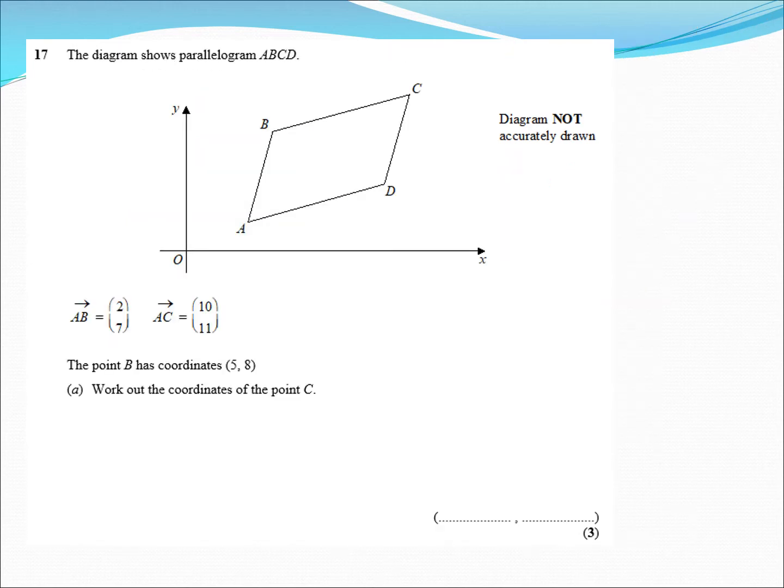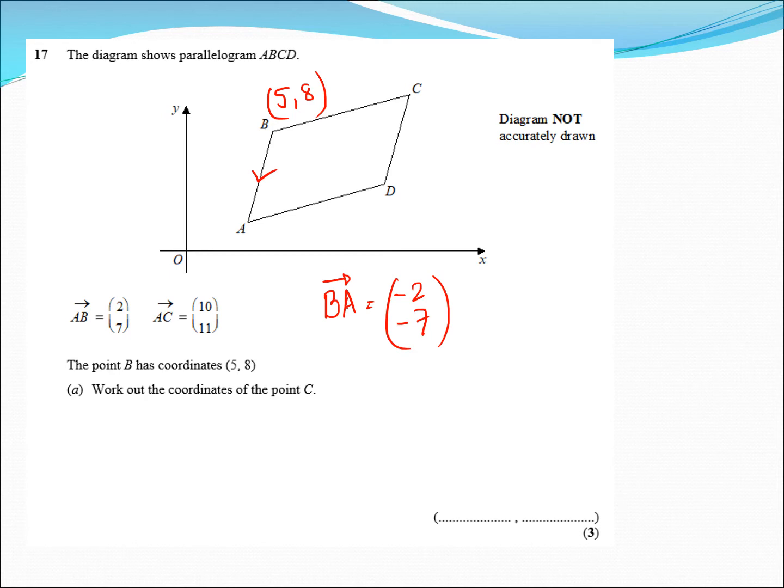Next question, vectors. Right, point B has coordinate 5, 8. So B has coordinates 5, 8, and AB is 2, 7. That means if you want to go from A to B, you go 2 units across and 7 units up. Now, then in that case, what is the vector BA? BA is going to be -2, -7, because you're moving in the opposite direction.